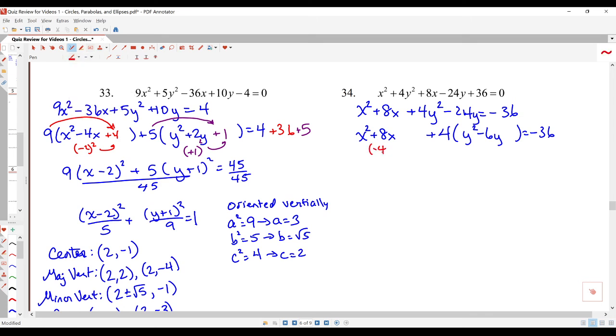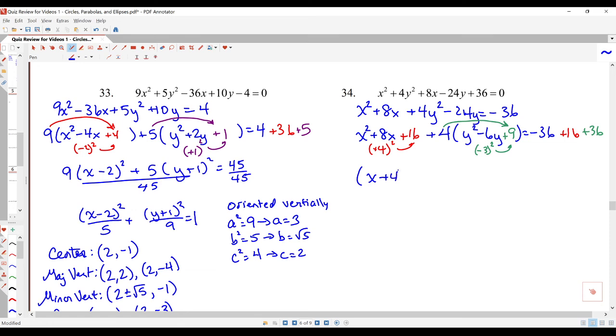Half of 8 is 4, squared is 16. So there's nothing to distribute, so we just add 16. Half of -6 is -3, squared is 9. Because of that factor of 4, the net change is 36.